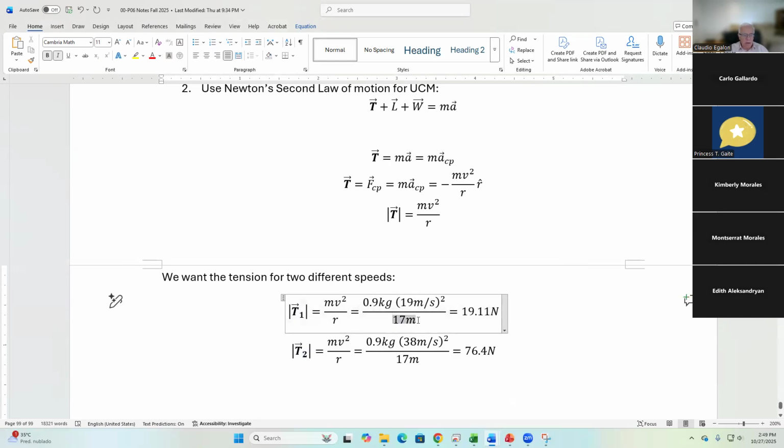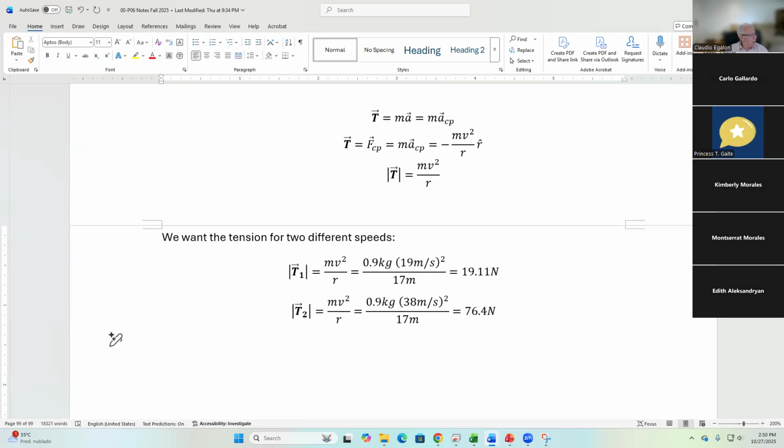The radius did not change, right? The force is not going to be twice, even though the speed is twice. The force is going to be fourfold. Why is that? Because the velocity is squared, okay?